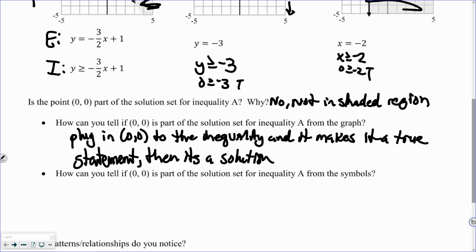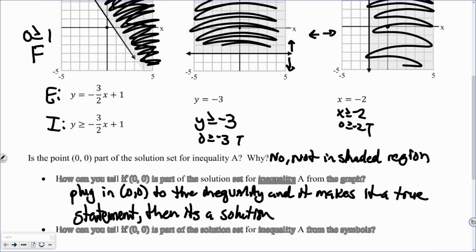And then same thing here. How can you tell if the 0, 0 is part of the solution set for inequality A? From the symbols. Well, you see the line there, right?